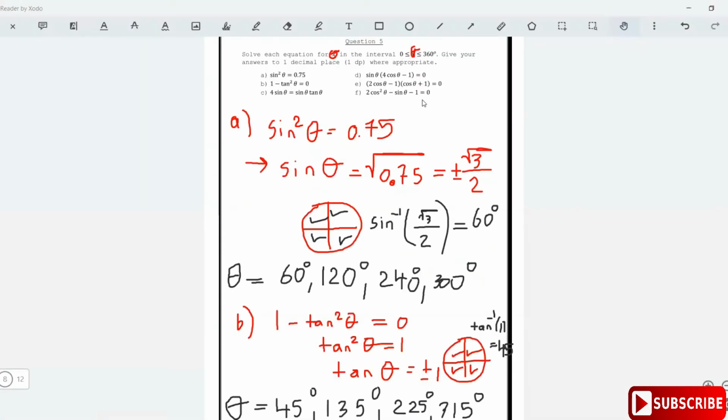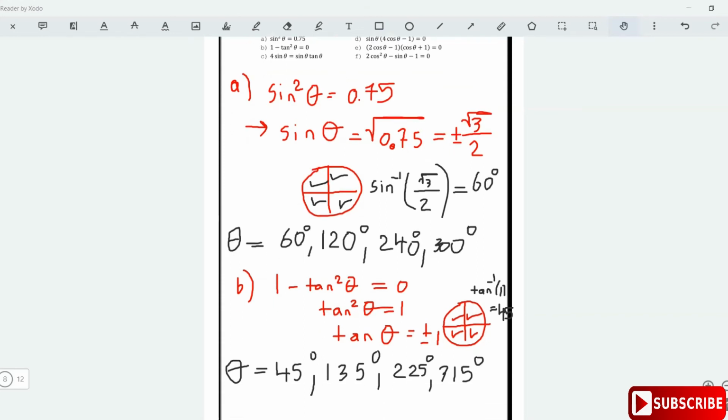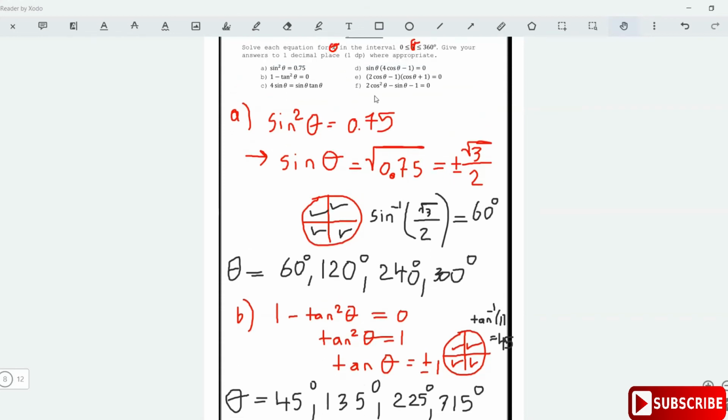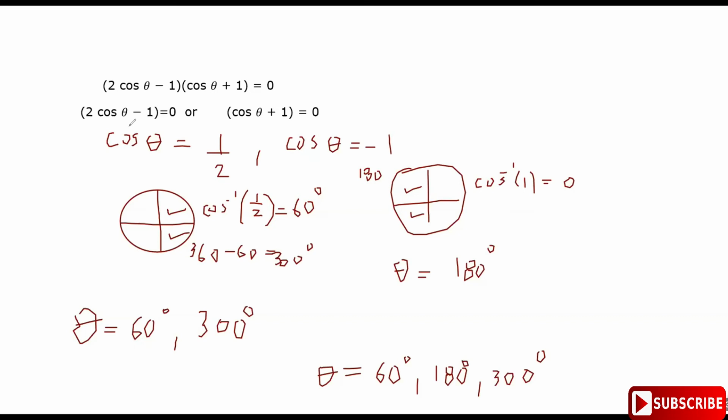Let's look at part F. Part F says to solve 2 cos squared theta minus sine theta minus 1 equal to 0. Let's call it x, just to make it a little easier on us.